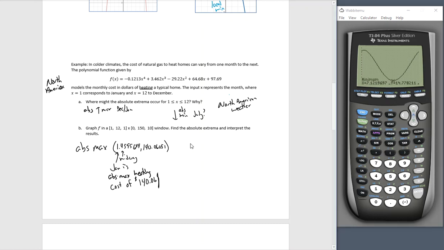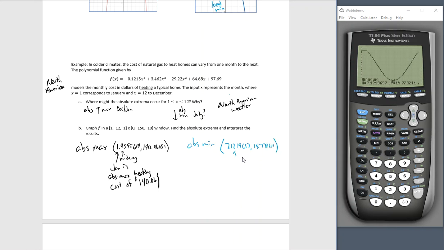My absolute minimum occurs at 7.1219697, comma 14.778211.